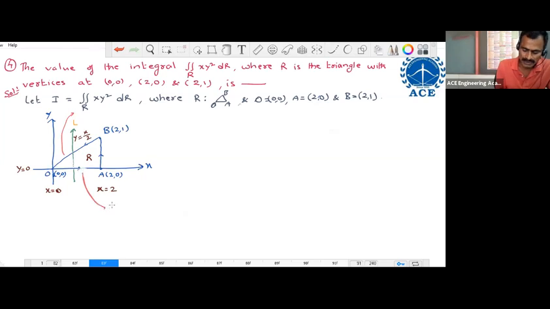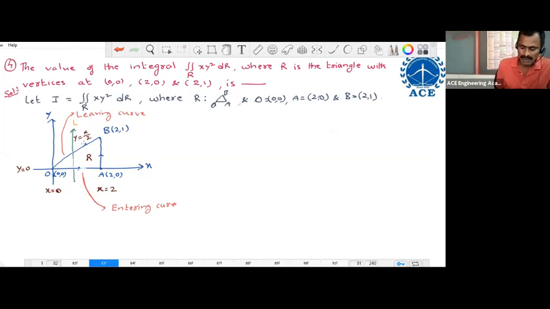Through this curve the line enters the region, and through this curve the line leaves the region. The first curve is the entering curve, or lower curve. The second curve is the leaving curve, or upper curve.